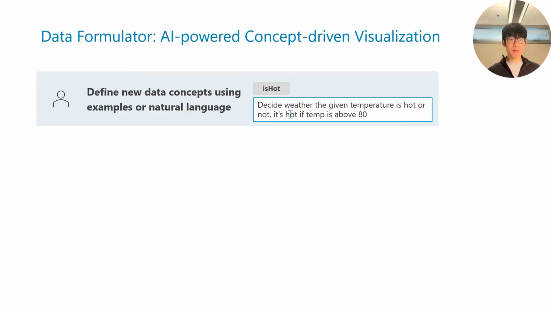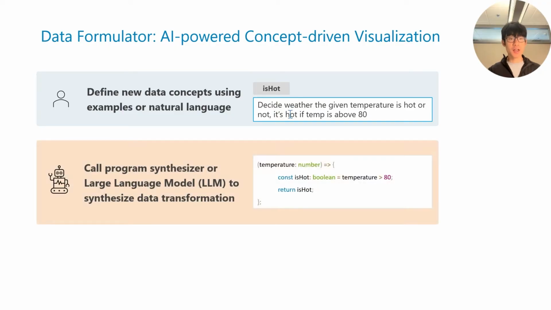Instead of programming, the user starts by defining a new data concept by providing example values or providing a natural language description. In this case, the user creates a new concept called is hot by describing how it should be computed from the temperature column. Then with the user specification, Data Formulator calls a program synthesizer or a large language model to synthesize data transformation, to find a program that matches the user specification.